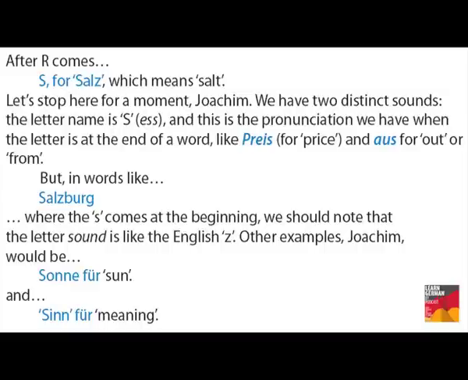But in words like Salzburg, where the S comes at the beginning, we should note that the letter sound is like the English Z. Other examples, Joachim, would be Sonne für sun and Sinn für meaning.